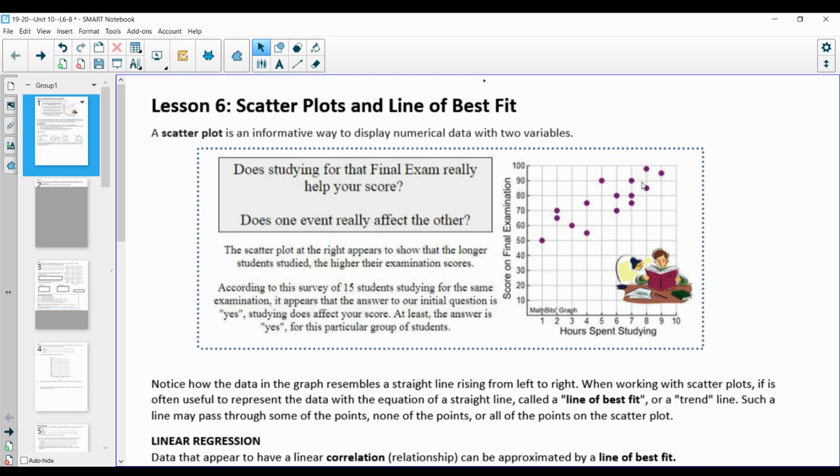When working with scatter plots, it is often useful to represent the data with an equation of a straight line. We call this the line of best fit, or a trend line. And this line, which we'll get using our calculator, may pass through some of the points, none of the points, or all of the points.